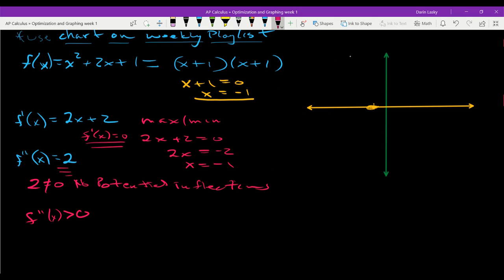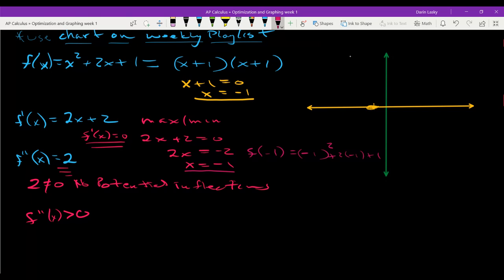So if we take this one, and I know at x equals -1, I have a maximum or minimum, I can take f of -1. So I'm going to plug it back into the original, and I'm going to get -1 squared plus 2 times -1 plus 1.